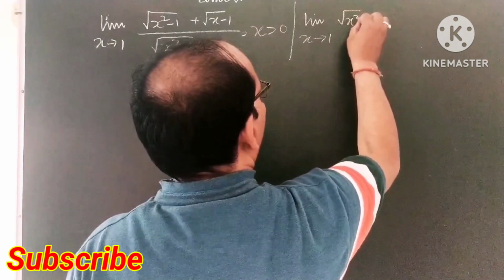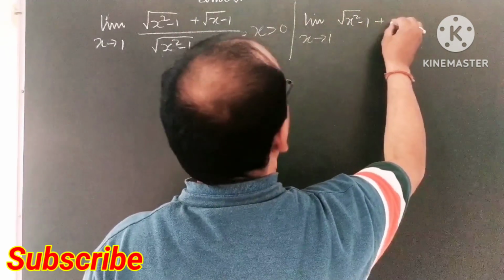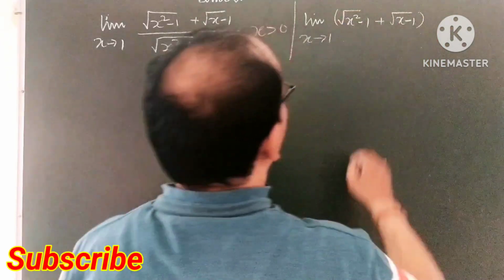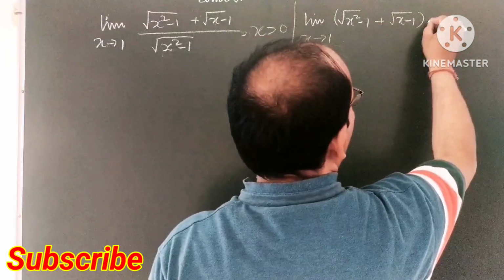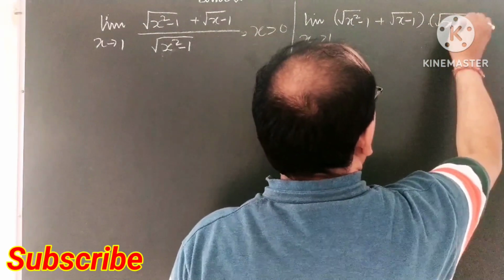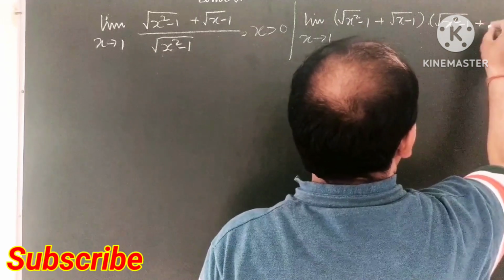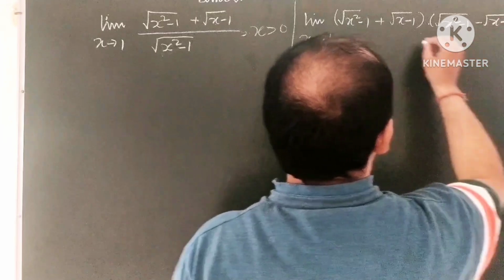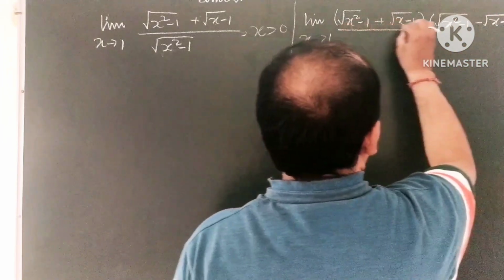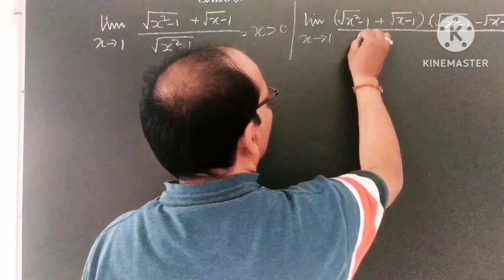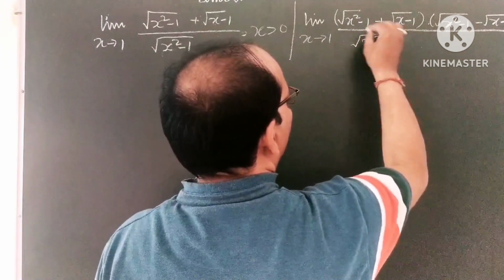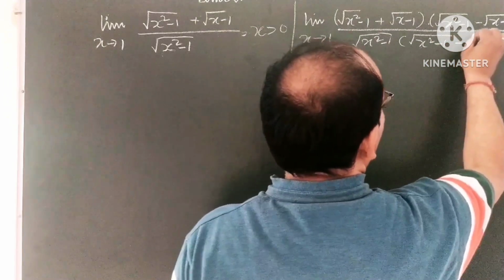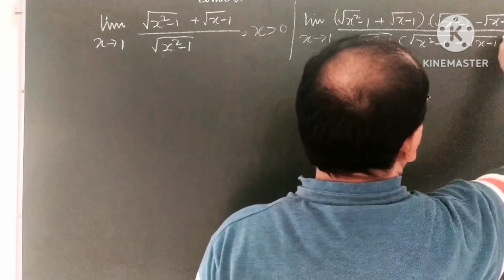and root of x square minus 1 plus root of x minus 1, and it is multiplied by root of x square minus 1 minus root of x minus 1, and we write here root of x square minus 1 into root of x square minus 1 minus root of x minus 1.